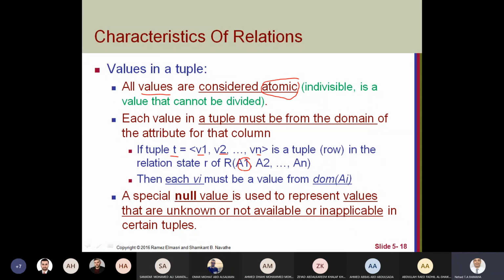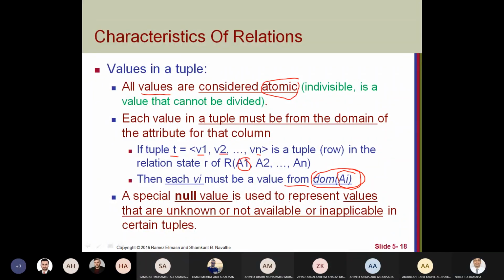So each value vi from the table should be from the domain of the attribute Ai.